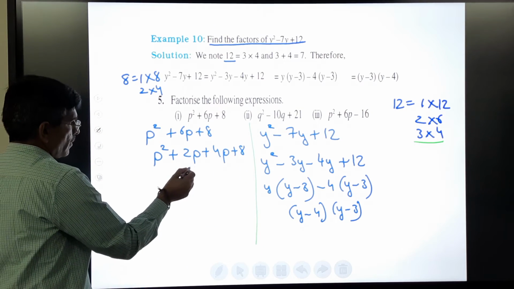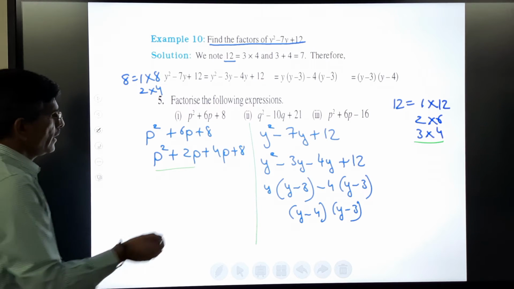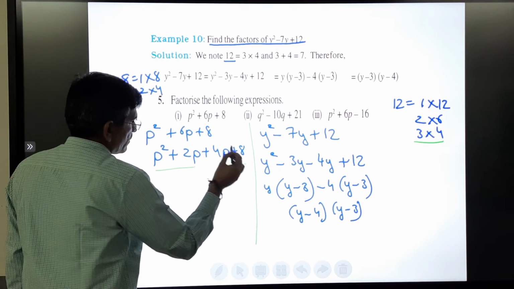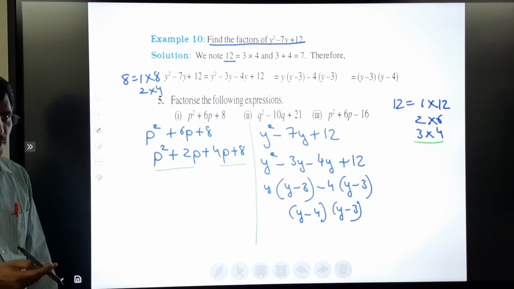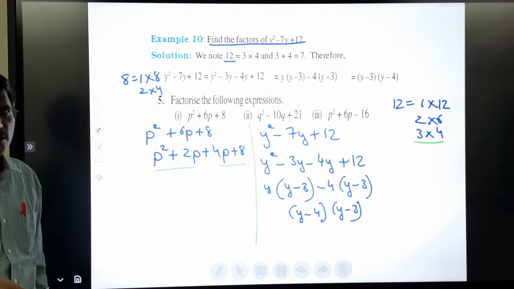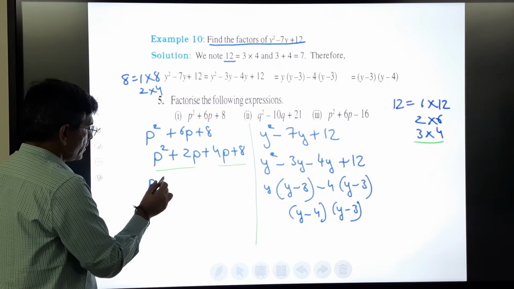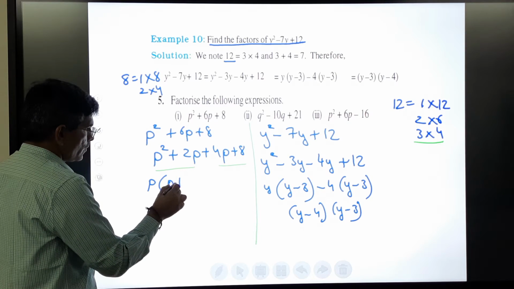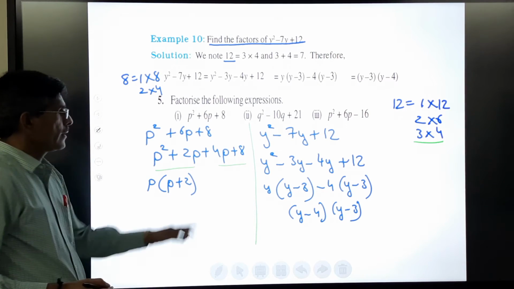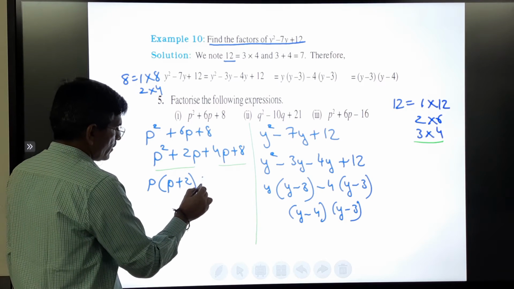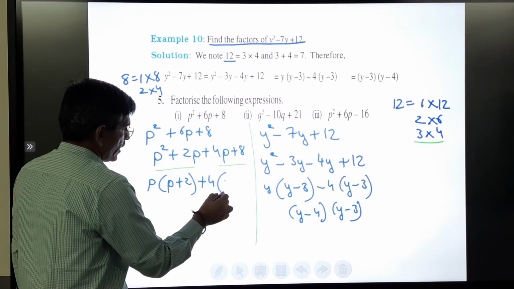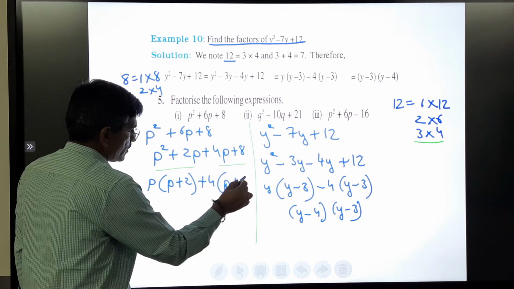Now if you see, between the first and second term there is one common term, and in the third and fourth there is one common term. So I have to take p outside, so in the bracket p plus 2. Now plus 4, so in the bracket I will write p plus 2.